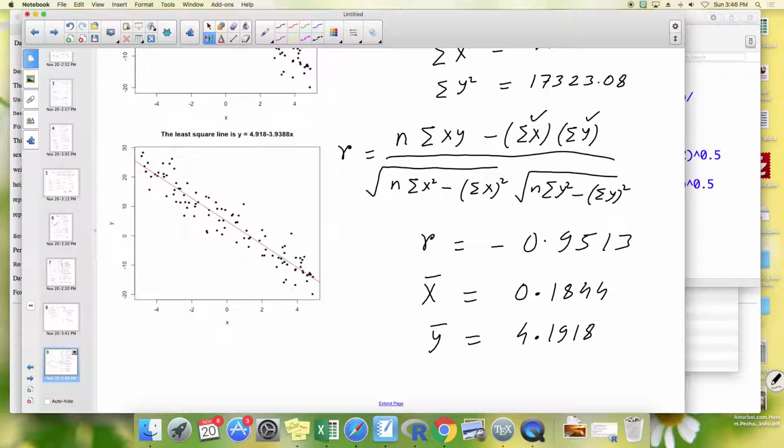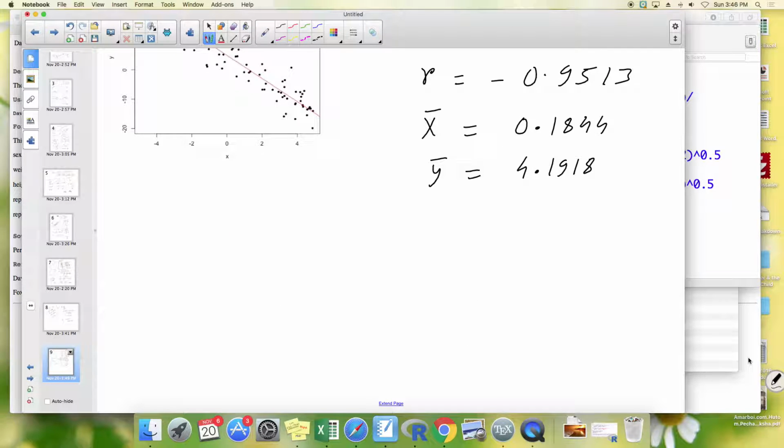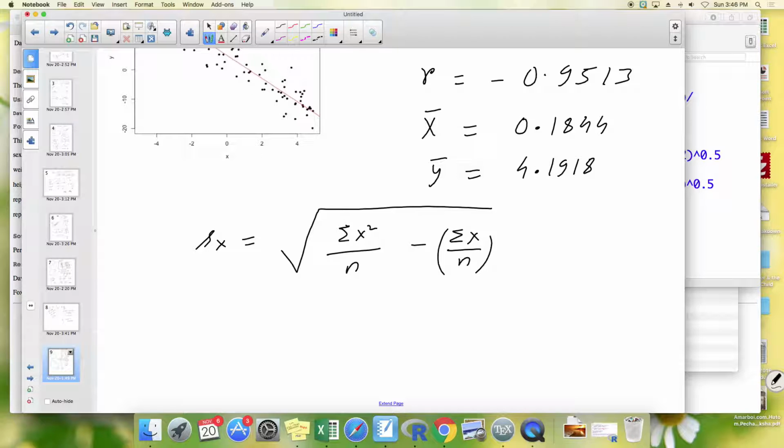All right, that's useful. Now we know that sx equals the square root of summation xi square by n minus summation xi by n whole square.